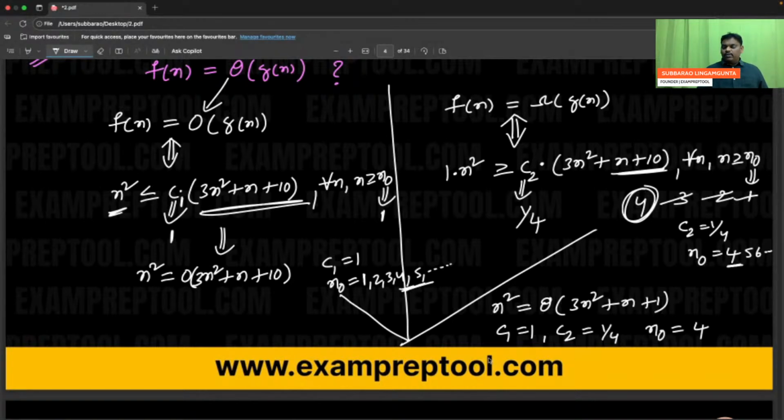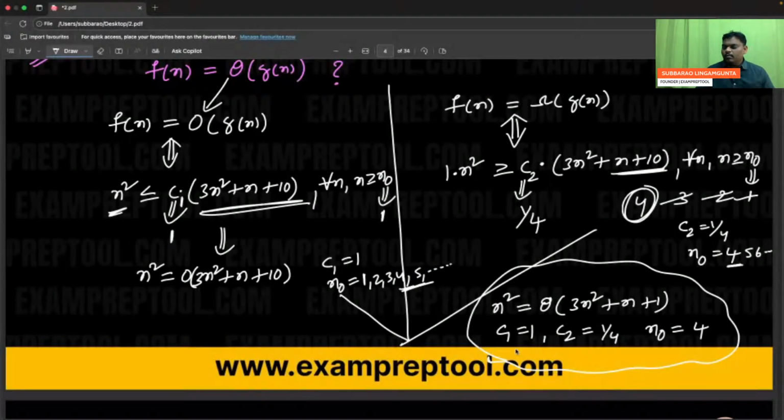So between these two, theta is possible from 4 onwards, where the constant C1 for big O is 1, and the constant C2 for omega is 1 by 4. There may be many possibilities, but this is one of them.